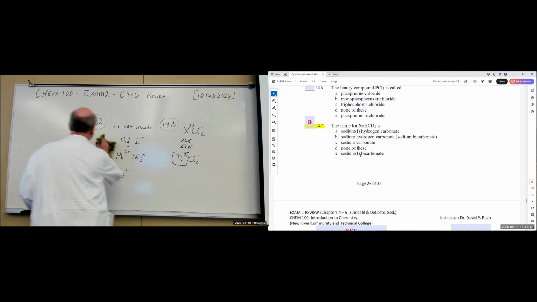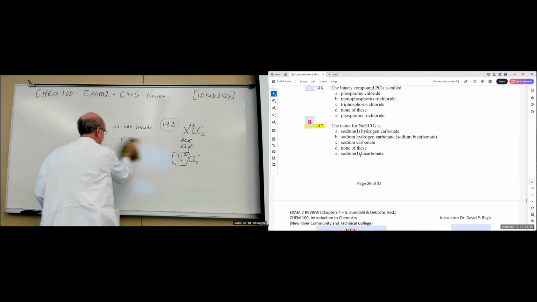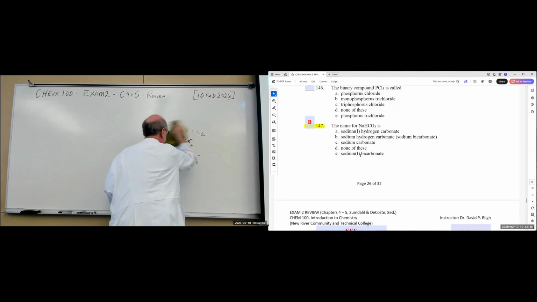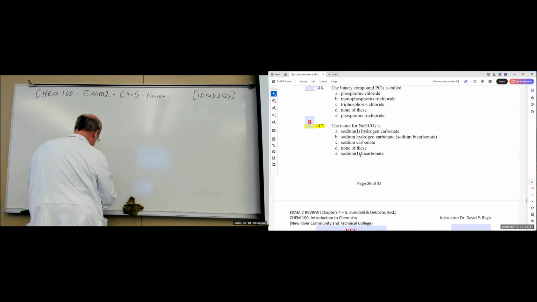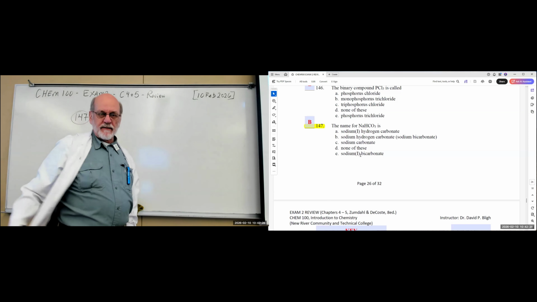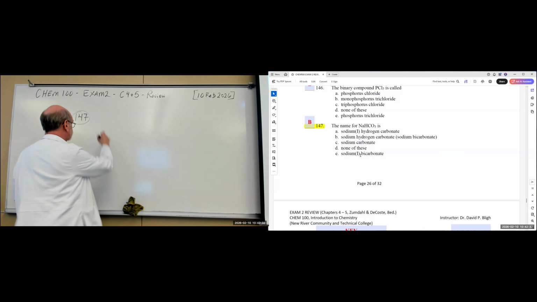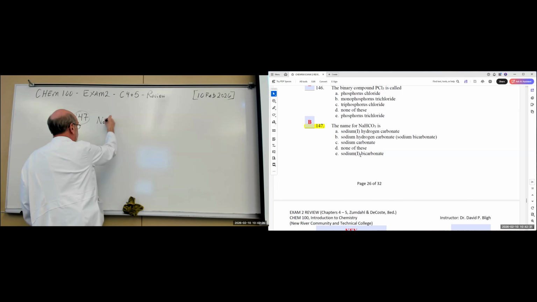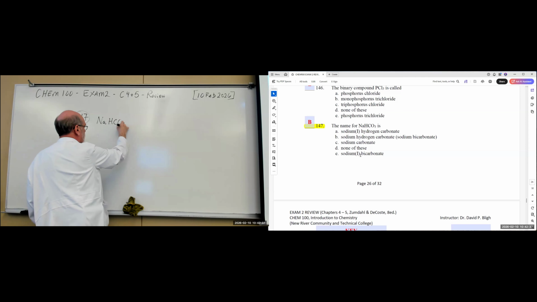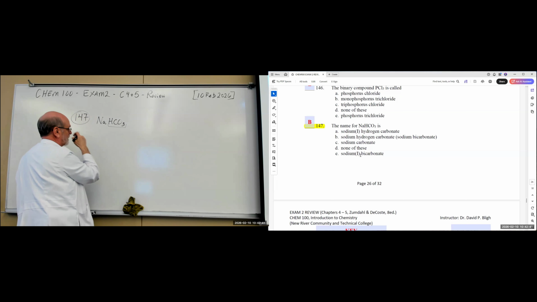147. The name for NaHCO3. All right. NaHCO3. Recognize this as a polyatomic ion.